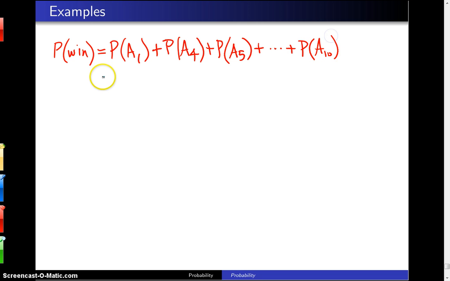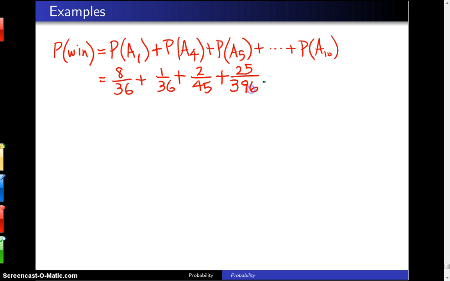So the first one was the easy one. That one was 8/36. The second one we just calculated as 1/36. The next one, if you do the same type of calculations, is 2/45. And the A6 here is 25 over 396.